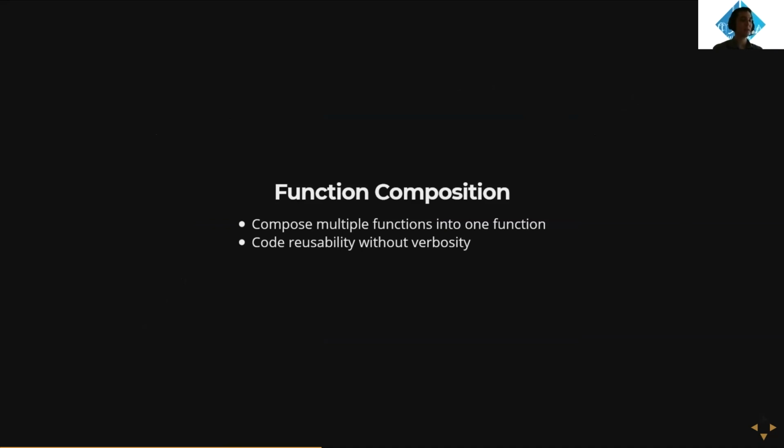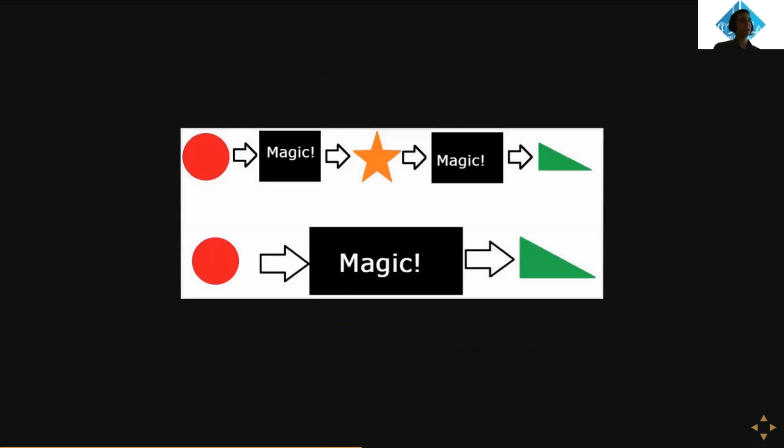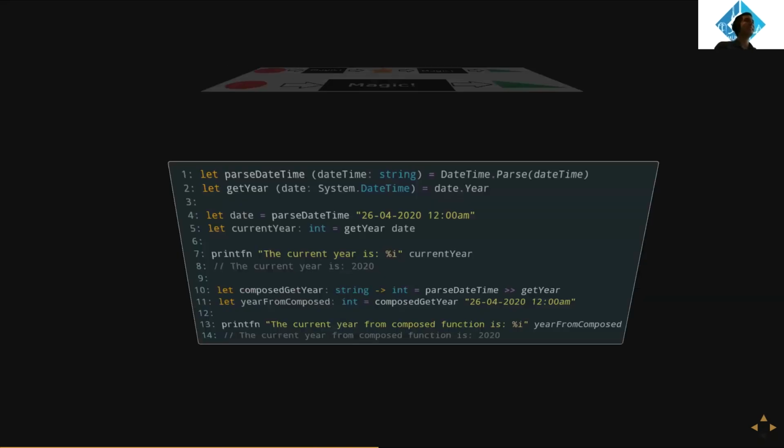It's a very simple concept, but if used properly, it can become very powerful and introduce a lot of code reusability. So the basic idea is if you have a function that turns a circle into a star, and another function turns a star into a triangle, we can compose those together to make a new function which turns a circle into a triangle. Very complicated stuff.